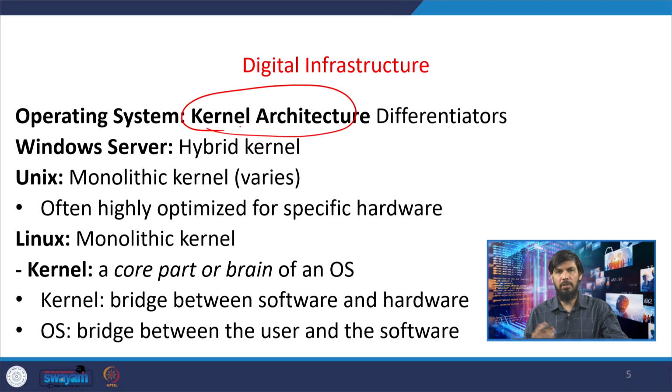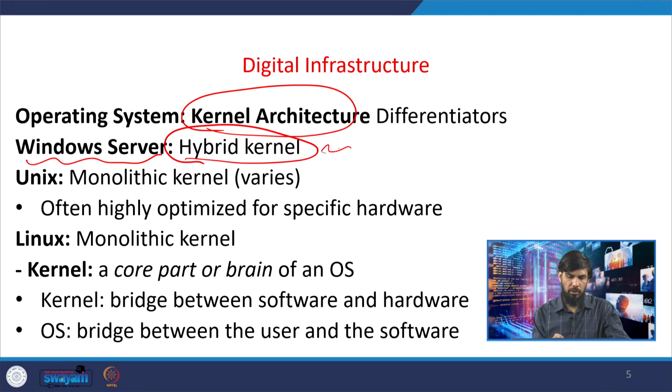So what are the differences that we can see at a higher level among these three operating systems, right. In the case of Windows Server, it has a hybrid kernel kind of setup, so that is how we can categorize Windows Server. Then if we look at Unix, this is more like a monolithic kernel, right.